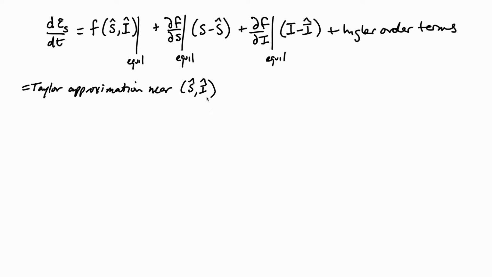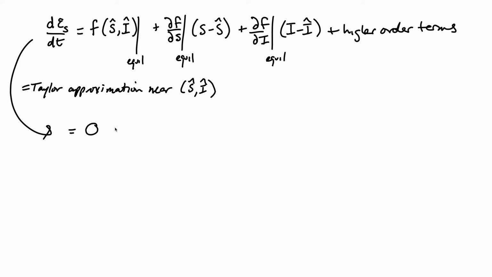So, since we're doing this near the equilibrium point, and we already defined this function as a function of dI by dt and ds by dt, and both of those are 0 at the equilibrium point. Go back down here.